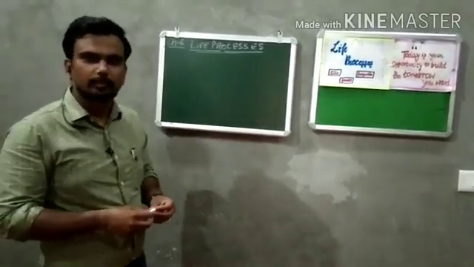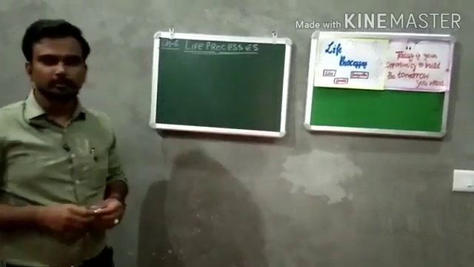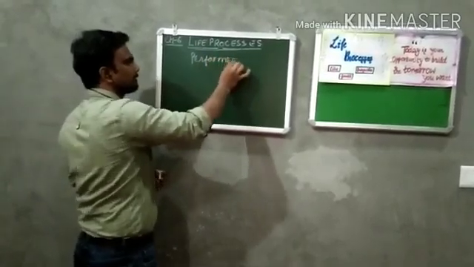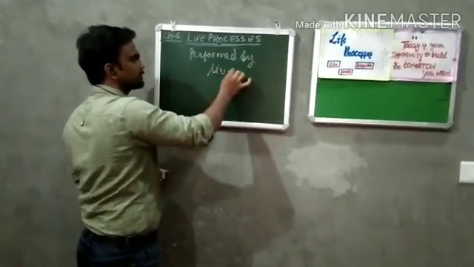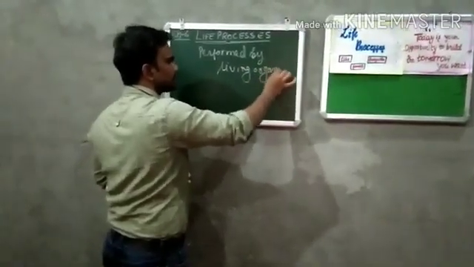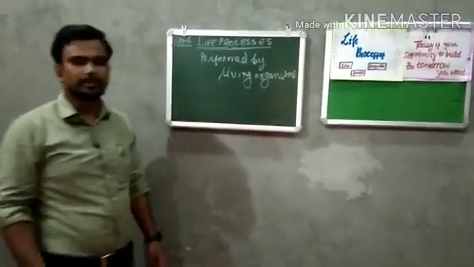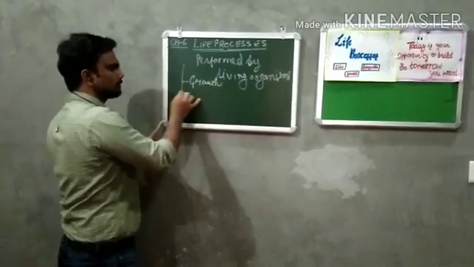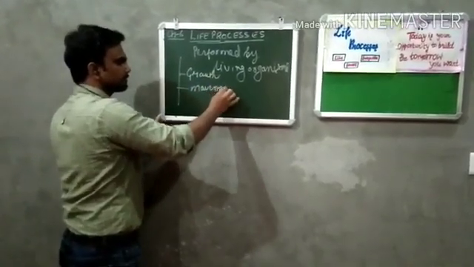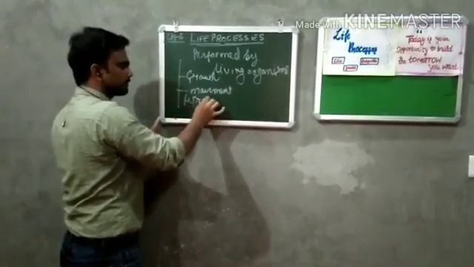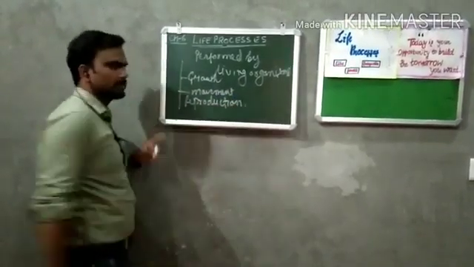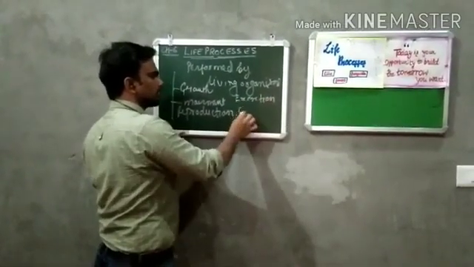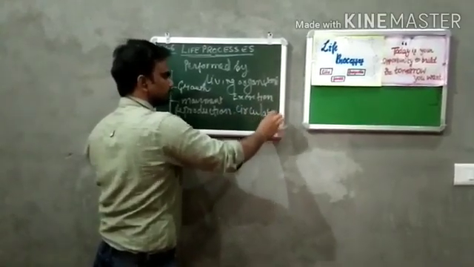Life processes. What do we mean by life processes? Life processes are the processes which are performed by living organisms, and these are various kinds of processes like growth, movement, reproduction, excretion, circulation, respiration.